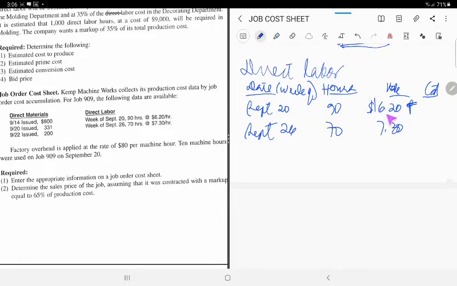It is 558. Then 70 hours multiplied by 7.30: 511. These are dollars, sorry, class, I'm used to pesos. Then the total is 1,069.